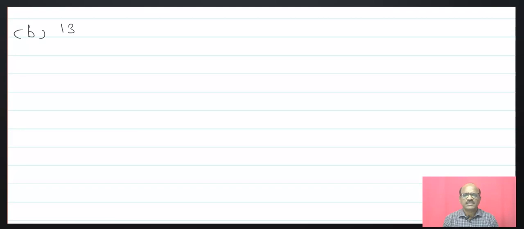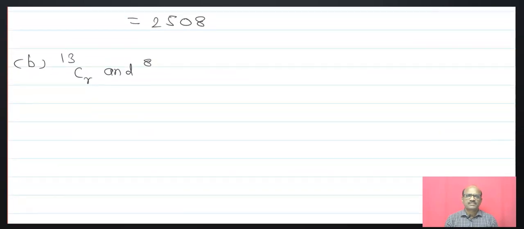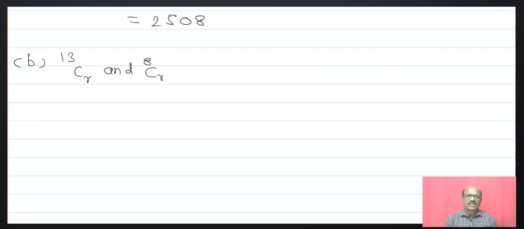Next is B. That is 13CR and 8CR. Now to find out the value, here n is equals to r.